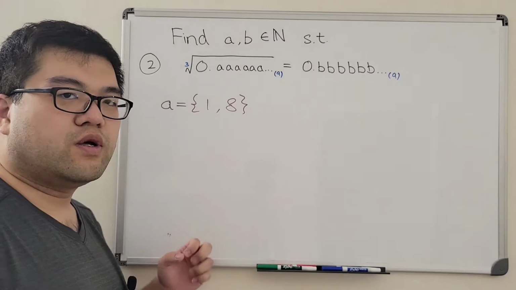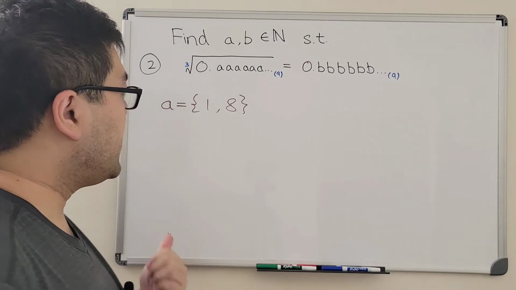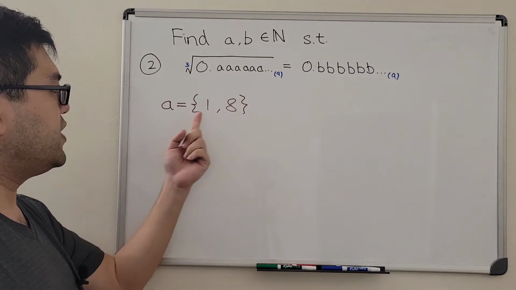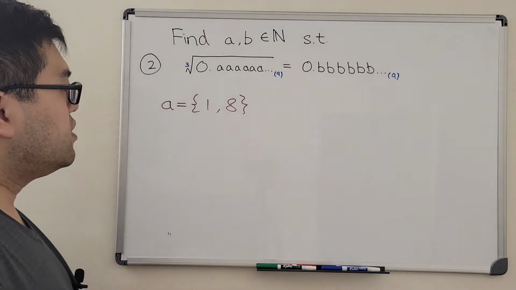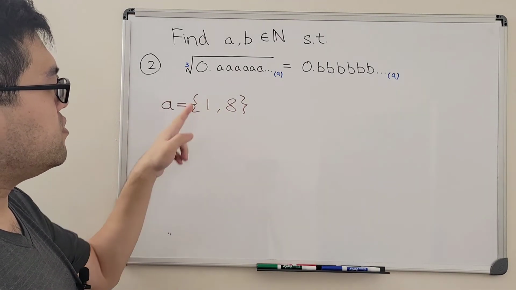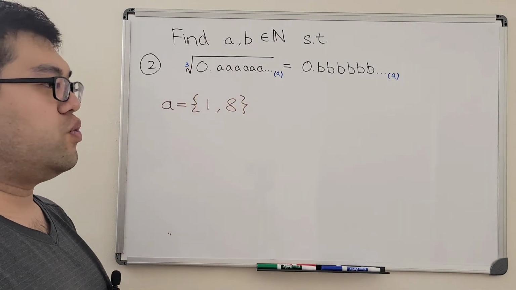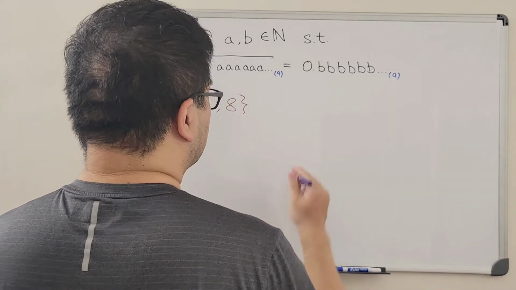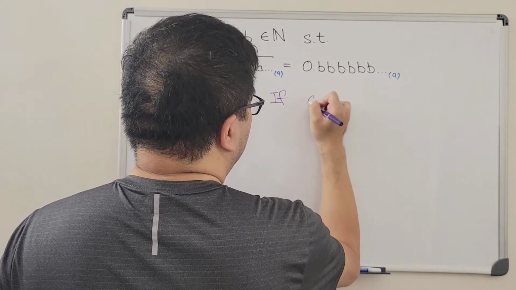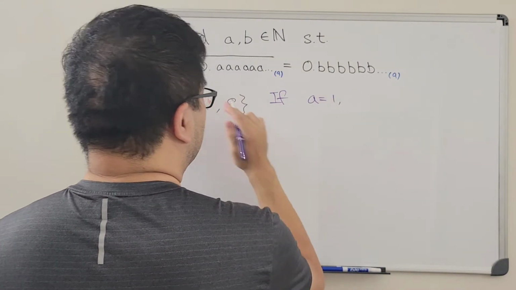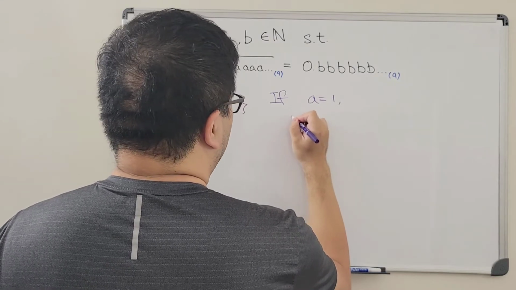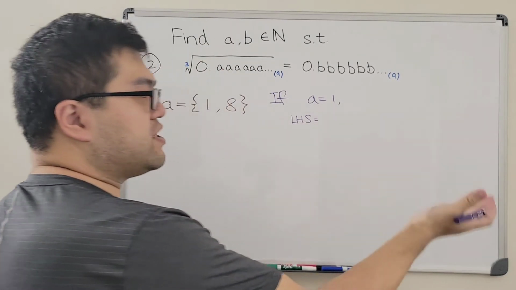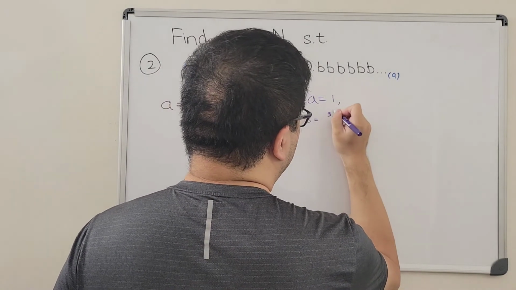So let's see what. Okay, so from our last board, we found out that the only possible a solutions would be 1 or 8. So let's see what happens if we plug those numbers in, so that we will find out what are the possible b values. So if a equals 1 on the left hand side, we can just rewrite it as a fraction so that it's easier to calculate.